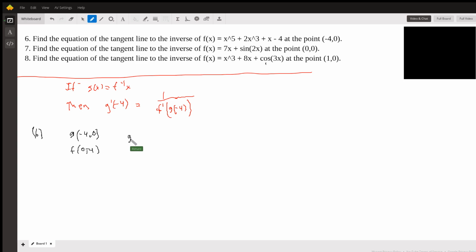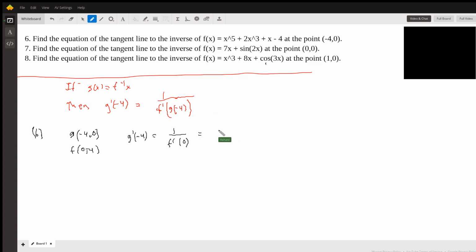So g prime of -4 here is going to be 1 over f prime of g of -4, and g of -4 we already know is 0 because it's going through this point -4, 0. So we just plug this in.